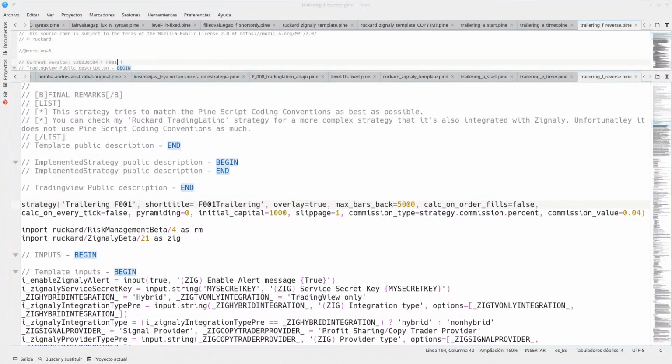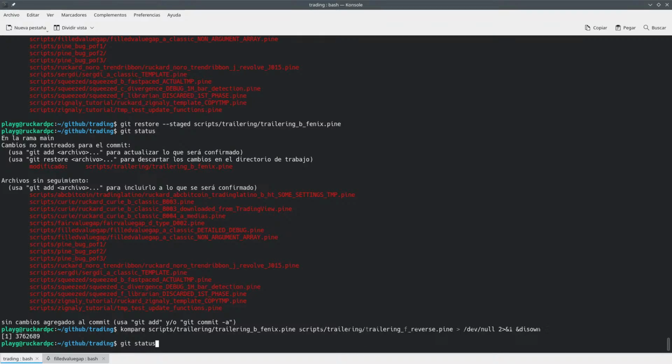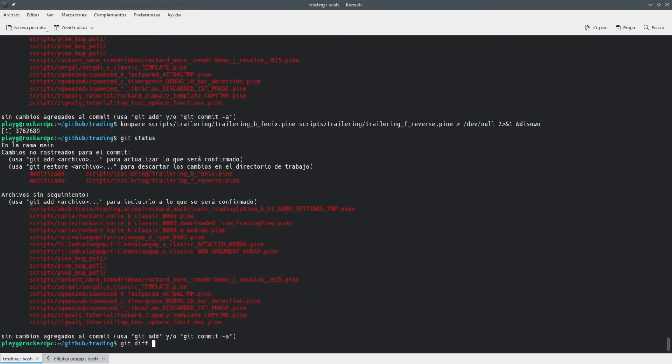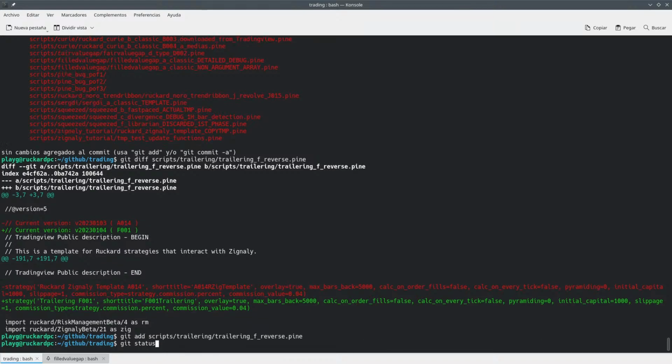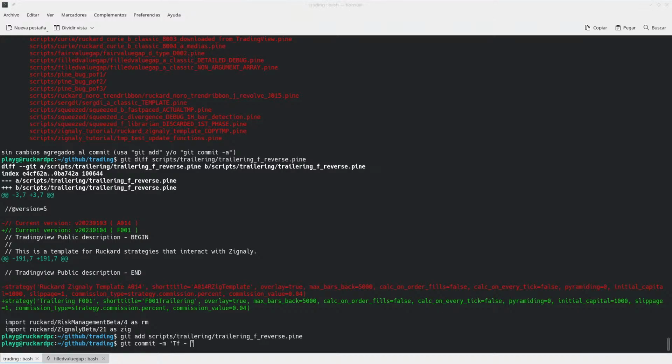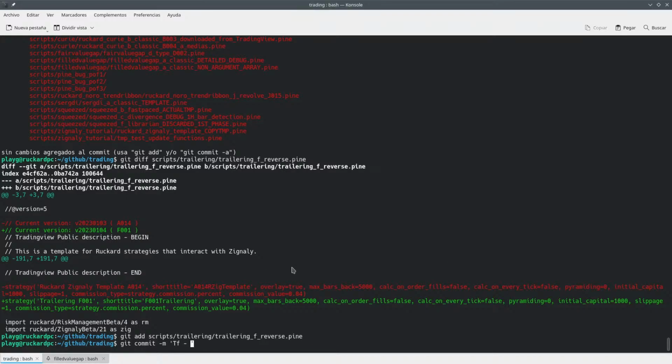Okay, so now I can take a look at F, and I can say please add this change, and use proper trailering name. That's all this commit is about.